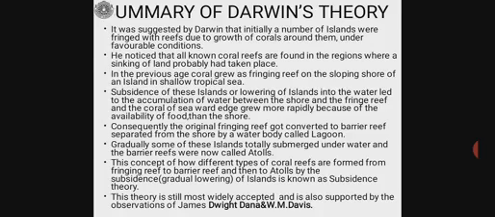In the previous age, corals grew as fringing reef on the sloping shore of an island in a shallow tropical sea. The subsidence of these islands, or lowering of islands into the water, led to the accumulation of water between the shore and the fringe reef, and the coral of the seaward edge grew more rapidly because of the availability of food rather than at the shore.